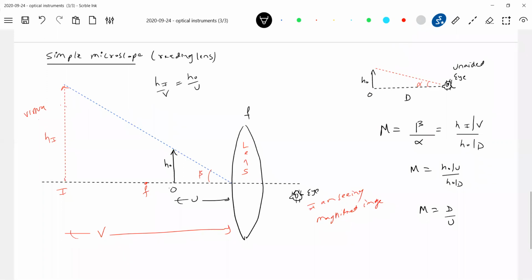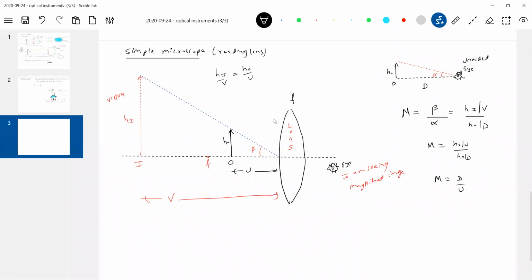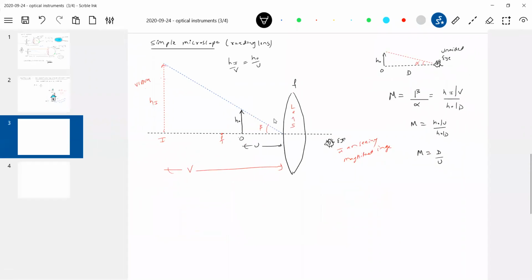Okay, first case: let the object be exactly at the focal length.